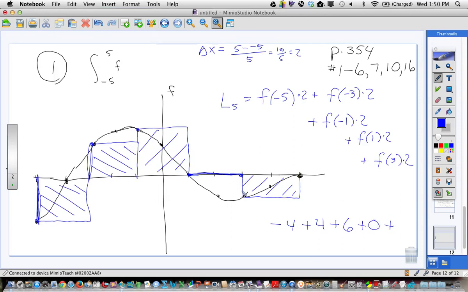And the last one I think had a value of 1. 1 times 2 is 2. No, -1, isn't it? -1. So, -4 plus 4 would cancel. 6 plus -2, that would be a total of 4. So we end up with a final answer of 4, and that's what I'd want to see.